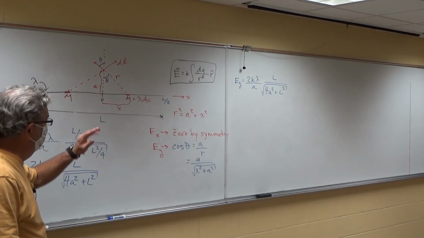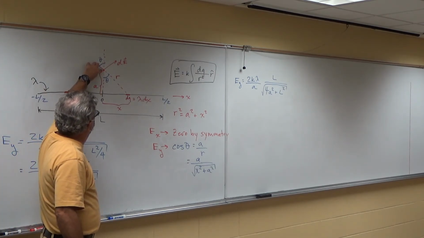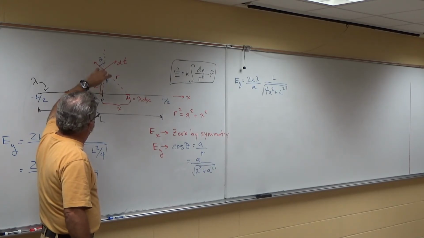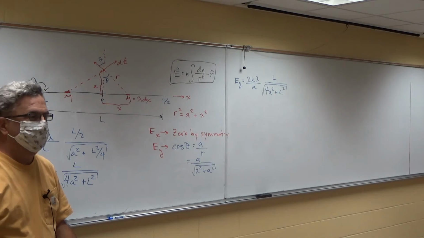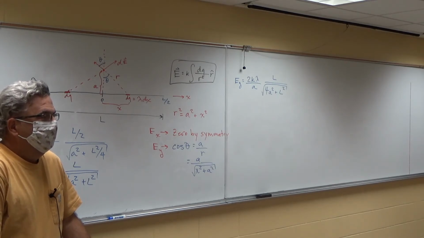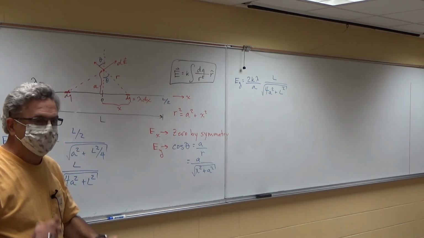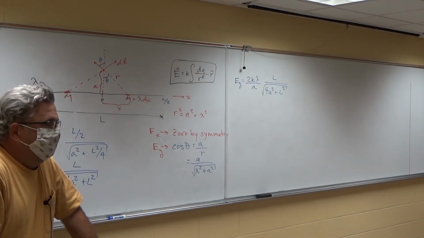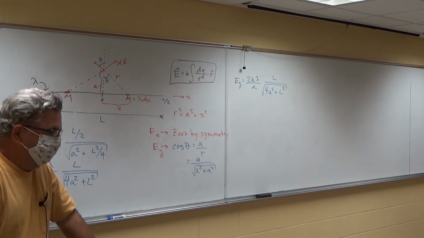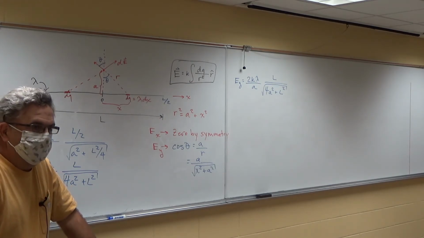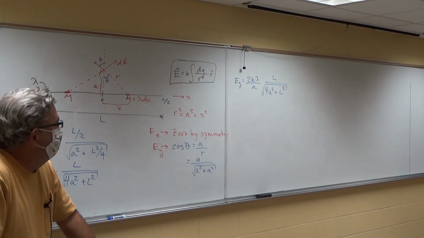That's the electric field at this point, a distance a above the origin. Are there questions on that? The main thing is, you're going to practice figuring out what dq is, what's r squared, which component you need, all that good stuff.